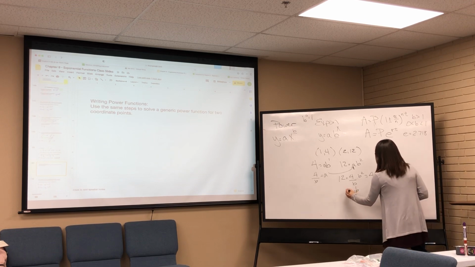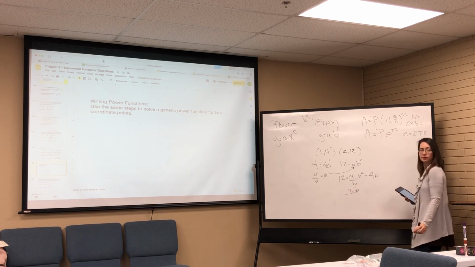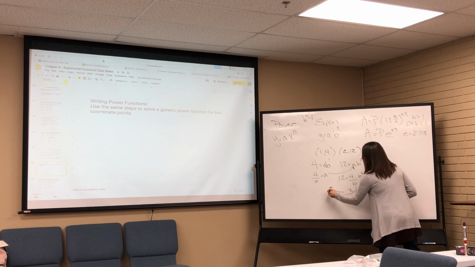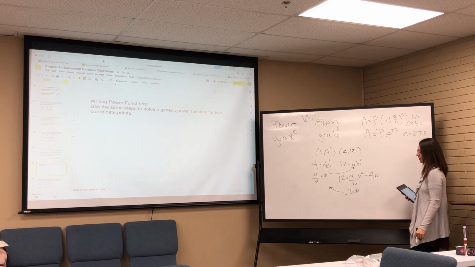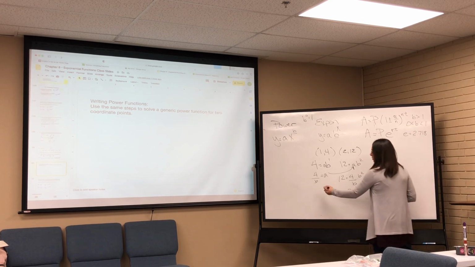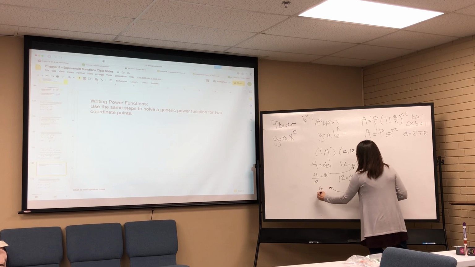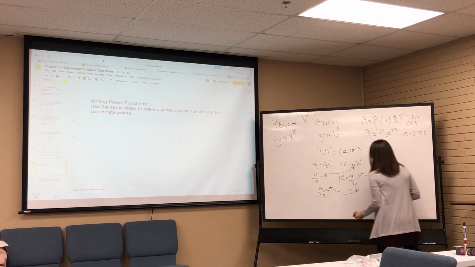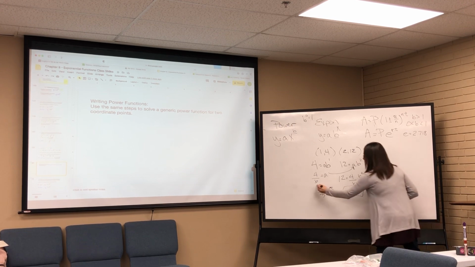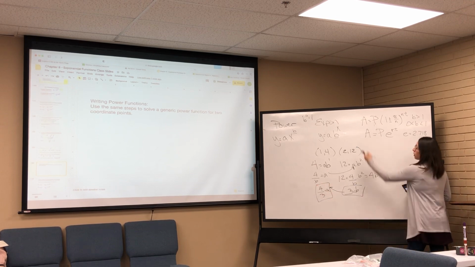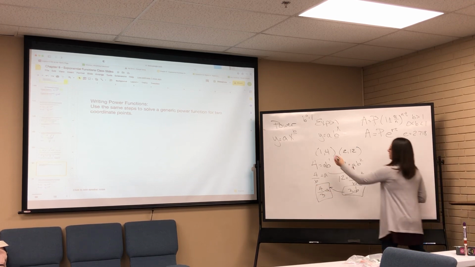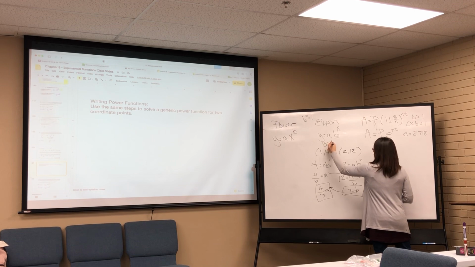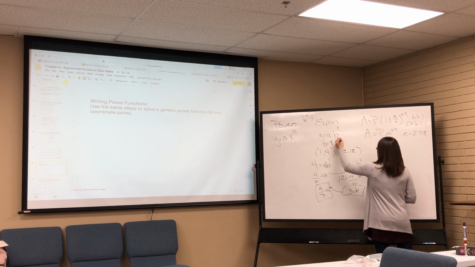B is equal to 3. Excellent. Now we're going to work backwards, so we just kind of make ourselves a circle. And a equals 4/3. So now we have both of our values. We go all the way back at the top, and we say y is equal to 4/3, 3 to the x.